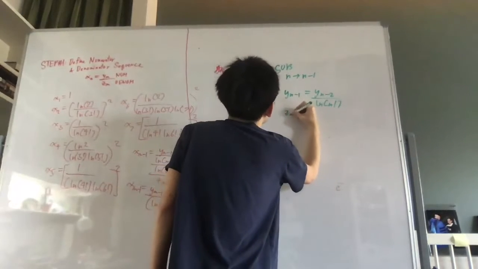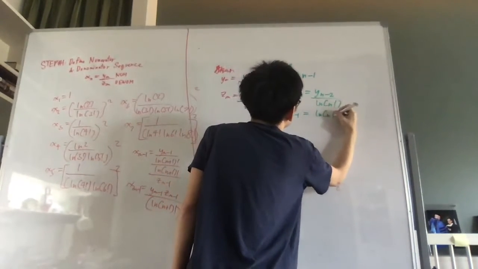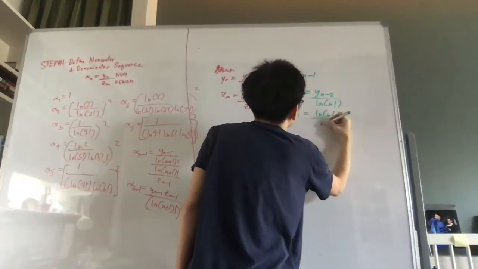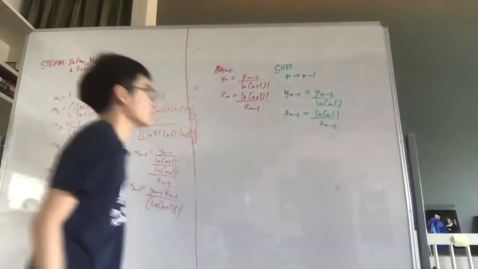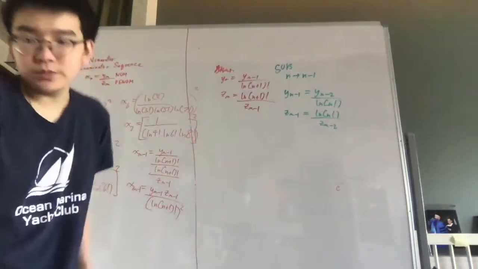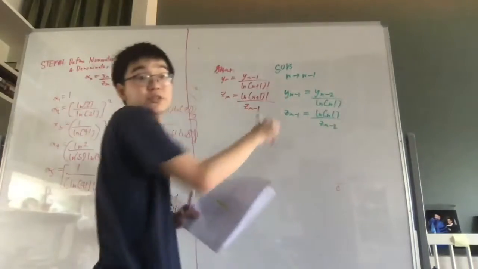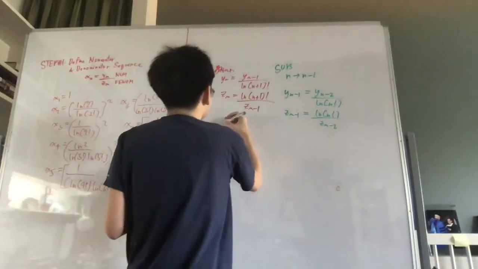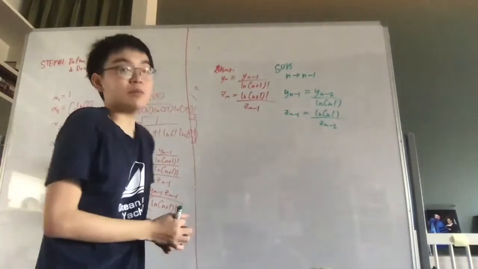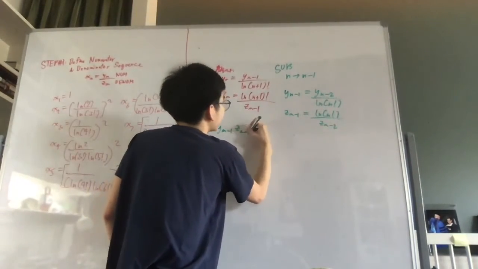And now we have z sub n minus 1 equals natural logarithm of n factorial divided by z of n minus 2. Okay, now you might be wondering what the point of this trick is. Well, I'm going to multiply these two sequences together right now.